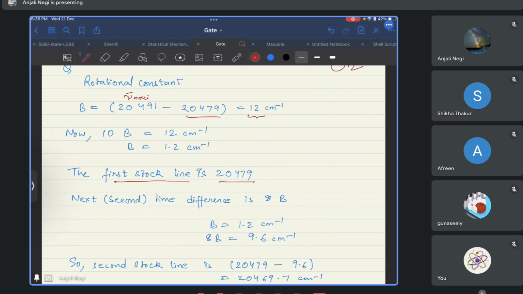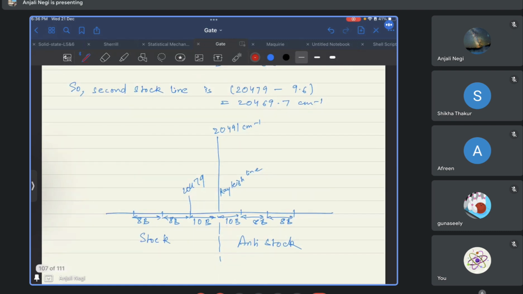This is not B, I am just doing the difference, and the difference comes out to be 12 centimeter inverse. The unit is centimeter inverse. Now this difference must be equal to 10B. Why am I saying 10B?